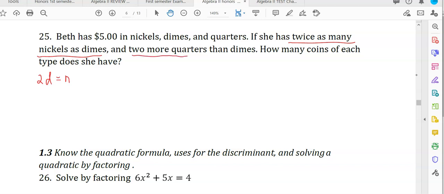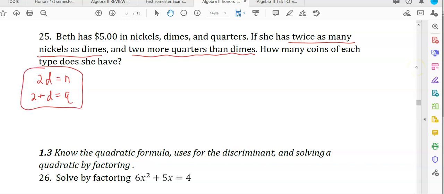And then 2 more quarters than dimes. So quarters equals dimes plus 2. Okay, we'll use this in just a minute to substitute.